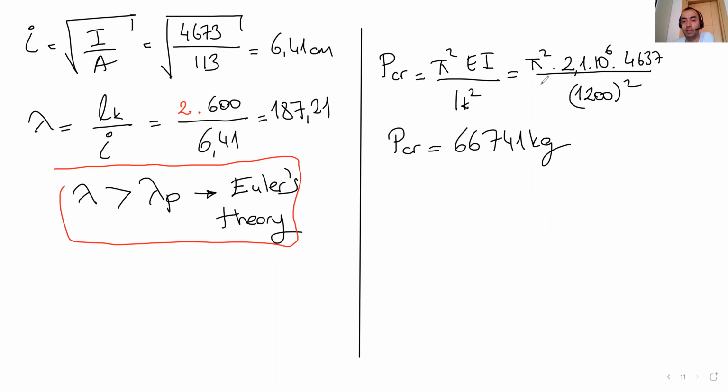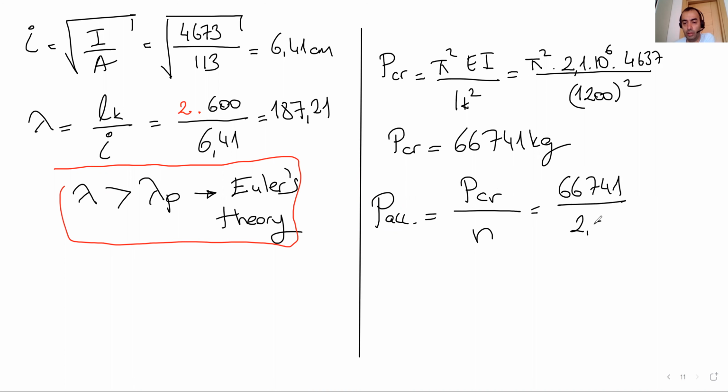Is this our design load? No, we need to find the allowable force, P allowable. Remember, we need to consider a factor of safety to get the allowable force, P critical over N. Here the factor of safety is 2.5.